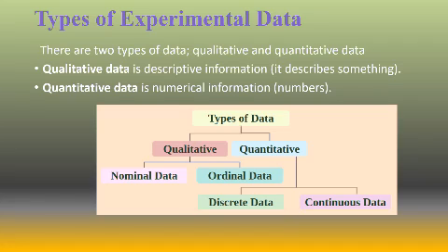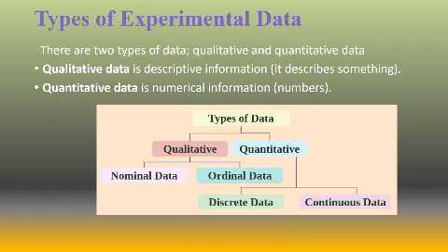This is a table that shows the various types of data. Under qualitative data, we also have nominal data and ordinal data, and under quantitative data we also have discrete data and continuous data.